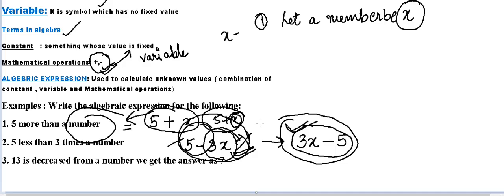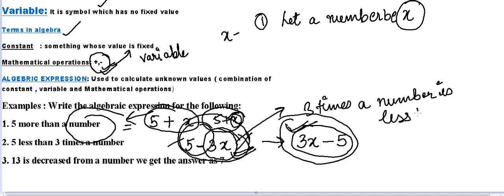This equation represents 3 times a number is less than 5. So the correct answer for this is: 5 is less than 3 times a number. So this is our correct answer.